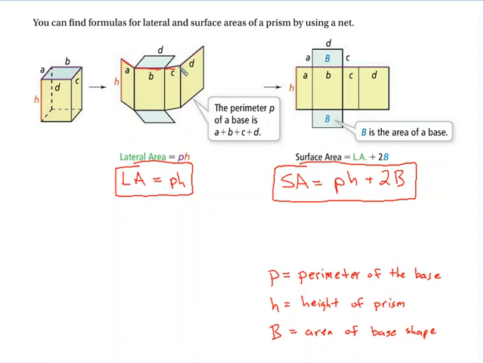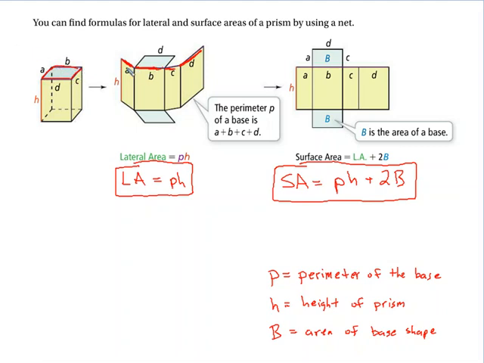But you notice after unfolding it, those edges, the ones marked A, B, C, D, all correspond to an edge of the base shape, which was that blue rectangle at the top. So if you imagine adding those together, that's like adding together the four sides of this rectangle, which is the perimeter of that base rectangle.